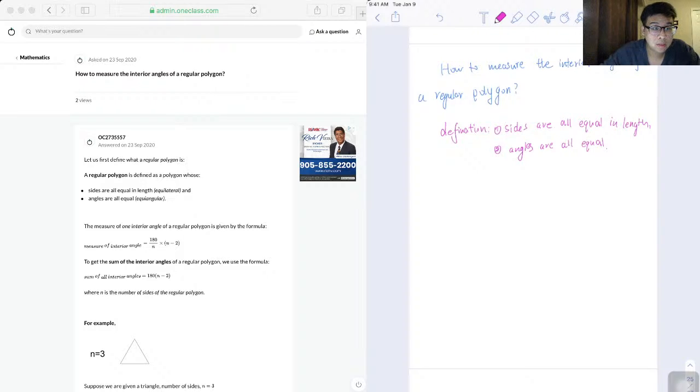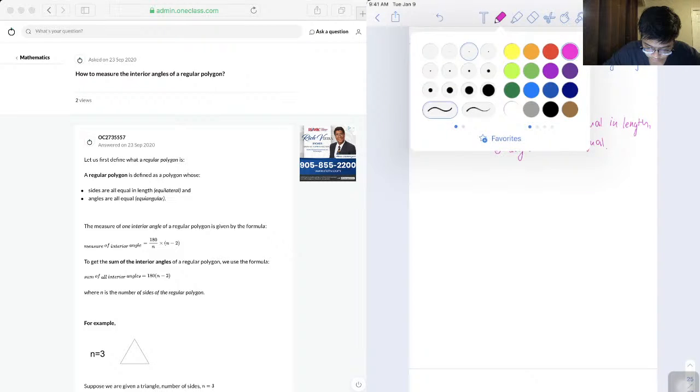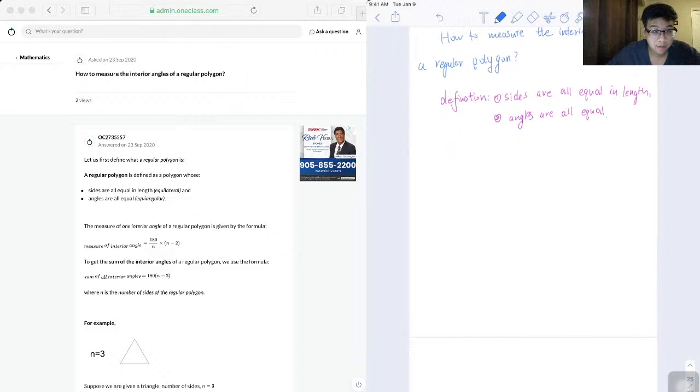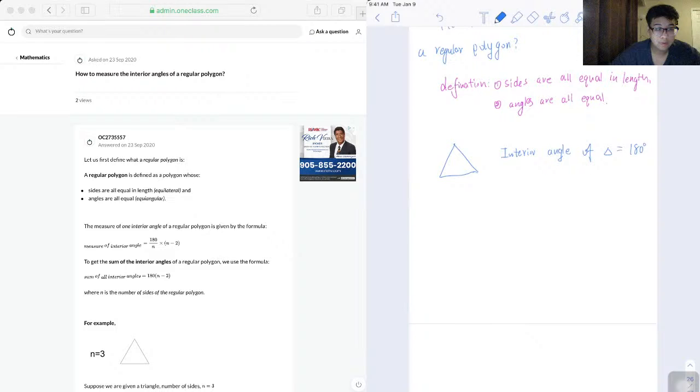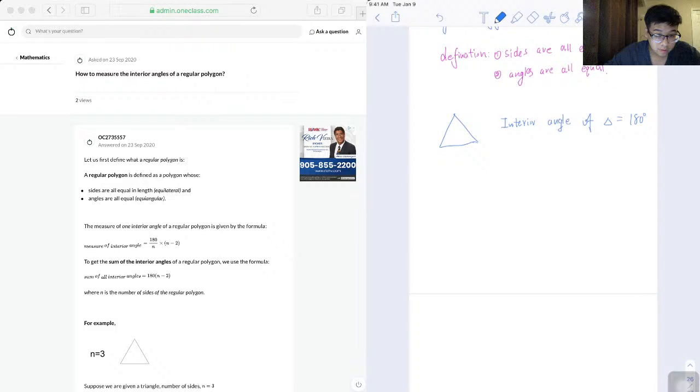And so I'm going to draw several graphs to help you understand this. So let's start with the triangle. Right. So the sum of the interior angles of a triangle is 180, right? And now let's see, we've got a hexagon. It should be something like this.